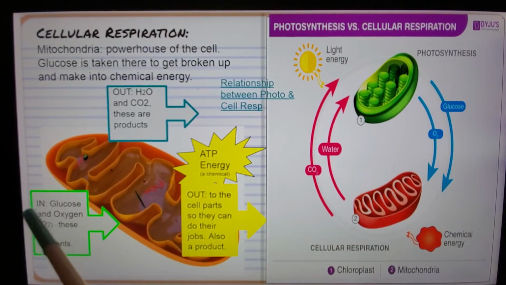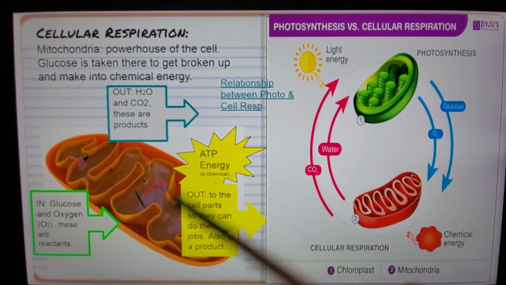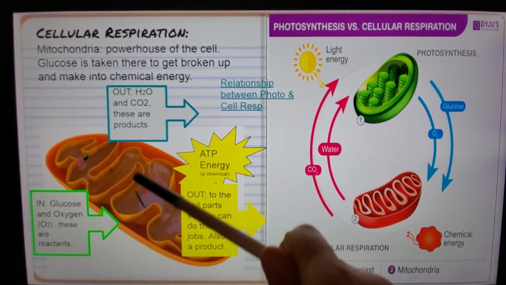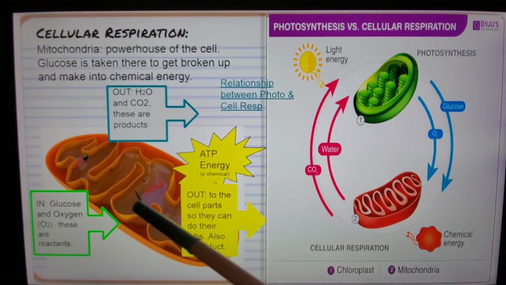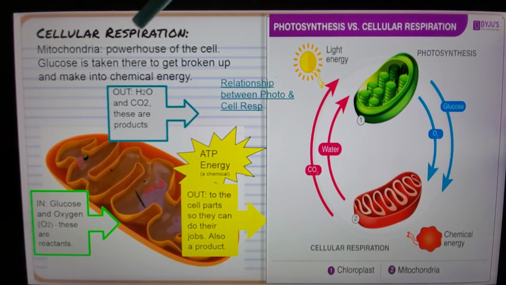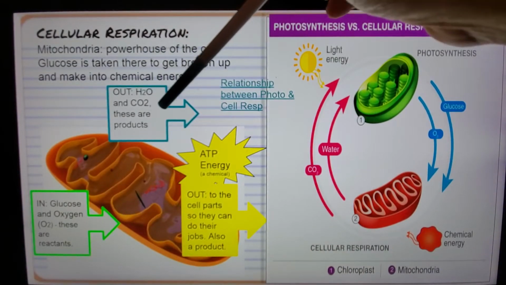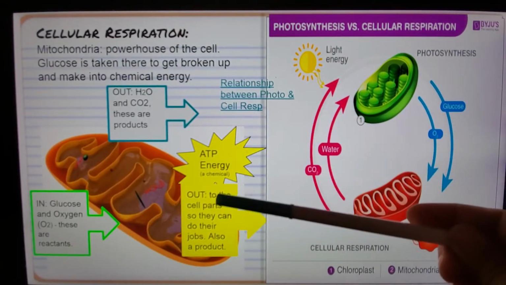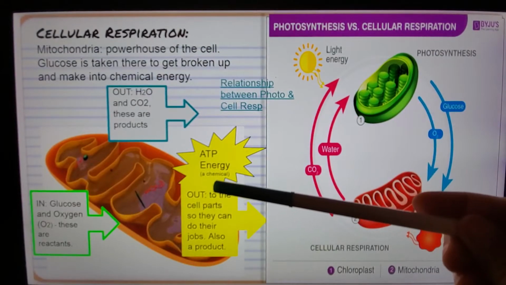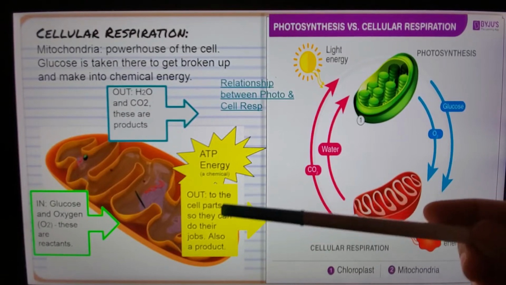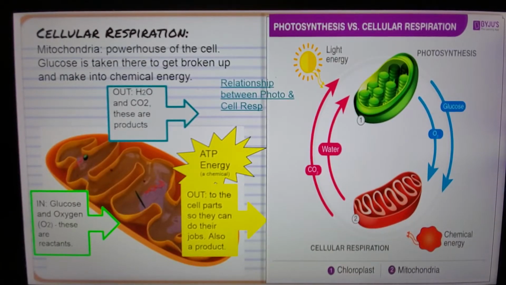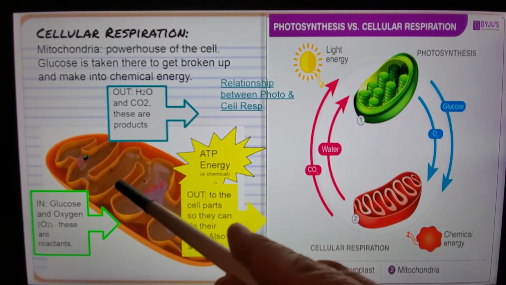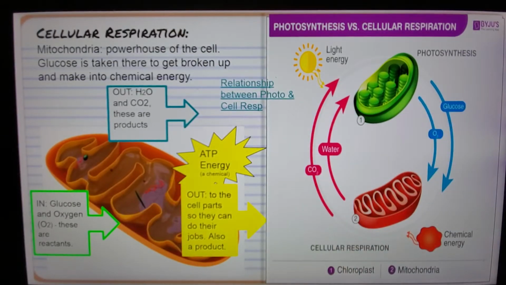So we have glucose and oxygen coming into the mitochondria, and then the magic of nature happens inside of there. And what we get out is water and carbon dioxide, and we also get out this very important chemical called ATP. Once ATP is made in the mitochondria, it goes out to the cell.